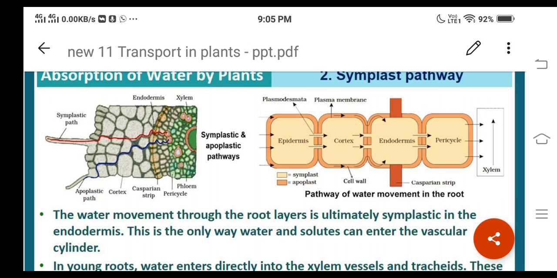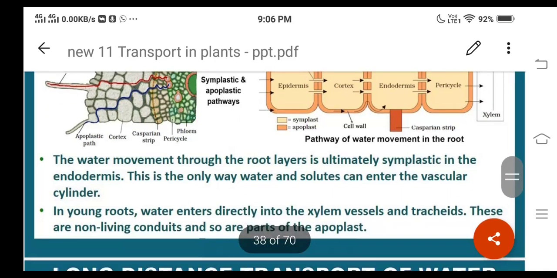This is the only way water and solutes can enter the vascular cylinder. By which method can water enter from the endodermis or cortex region into the vascular cylinder? Finally, it goes through the symplast only.